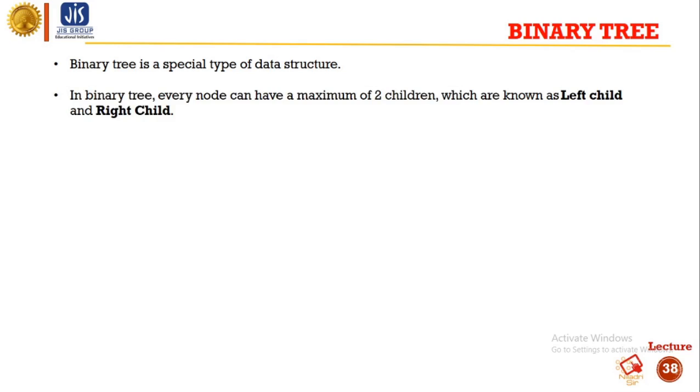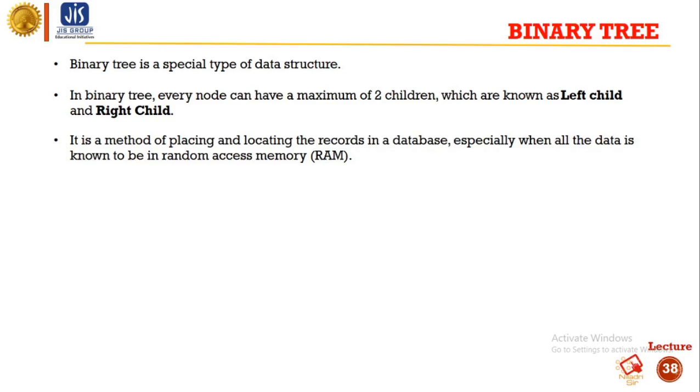In a binary tree, every node can have a maximum of two children, which are known as the left child and the right child. Every node may have a left child or a right child.